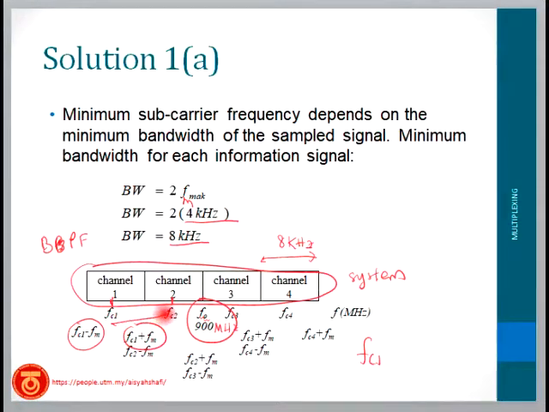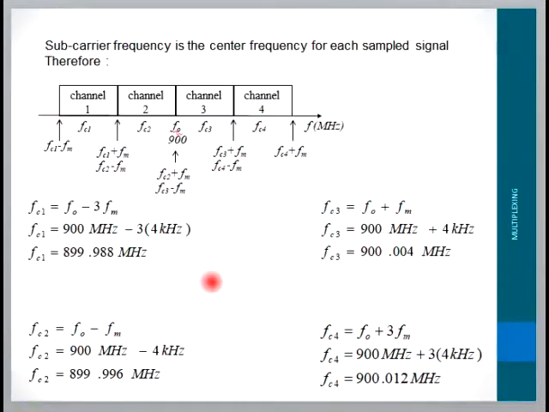For example, you look here, FC1 plus FM has the same value as FC2 minus FM. Okay, same here. So we already know that FC2 plus FM equals 900 megahertz.